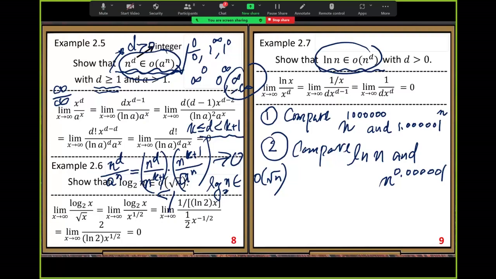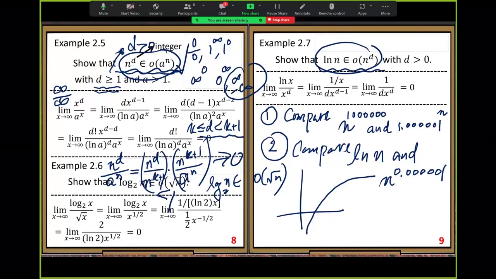By your intuition, we know natural log, although it is not as big as the n function, still goes to infinity. If you draw the curve, it's like that, still going to infinity. But the second one, n to the 0.point so many zeros, looks like a very small number.